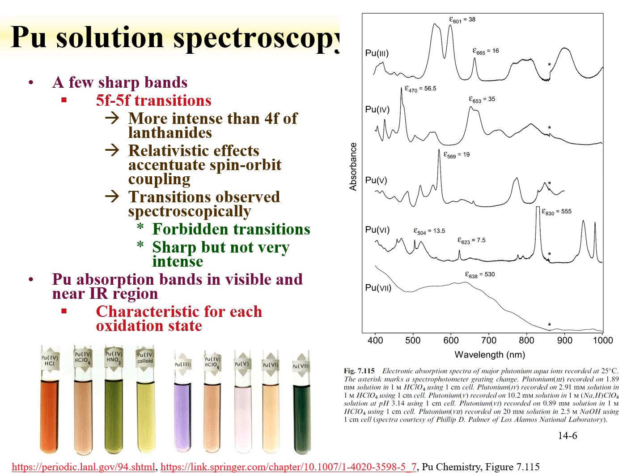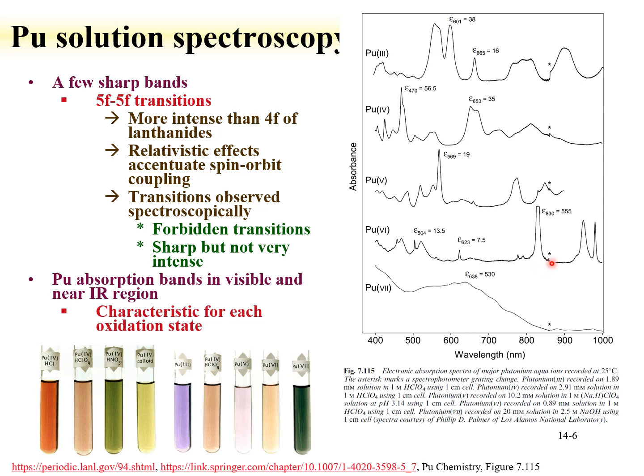Obviously, if we have different colors, we would expect to see different UV visible spectroscopy, and this is evidenced by the absorbance spectra of plutonium in perchloric acid for plutonium-3, plutonium-4, plutonium-5, and plutonium-6 primarily. What I want to point out for these different oxidation states is that there are peaks which are indicative of the oxidation state.